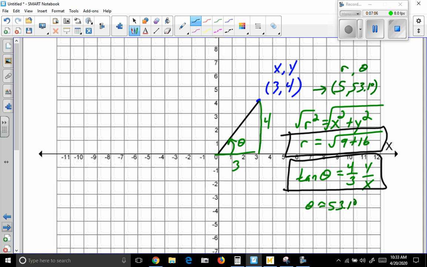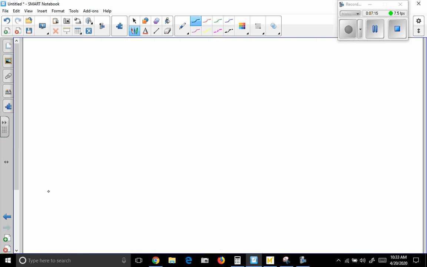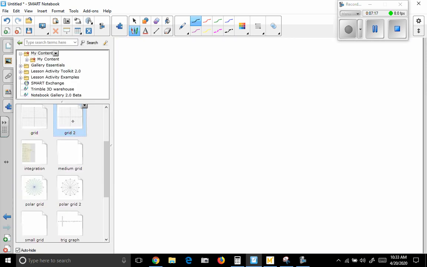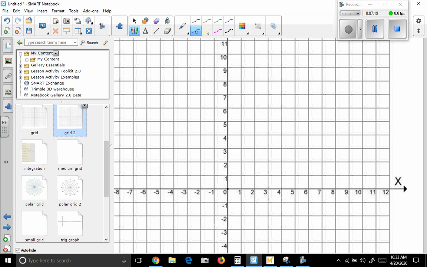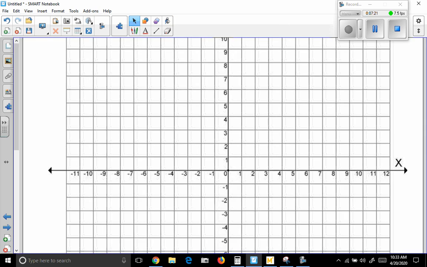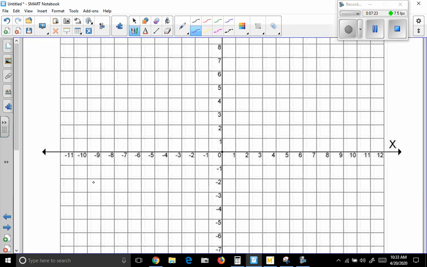We have to be careful because when we do inverse tangent, we might get an answer, but it may not be in the correct direction. For example, let's say our point is, I'll just do this one. Let's say that's our point.